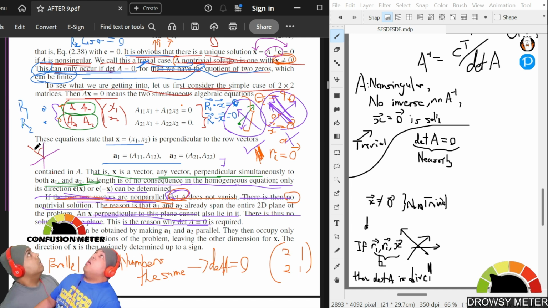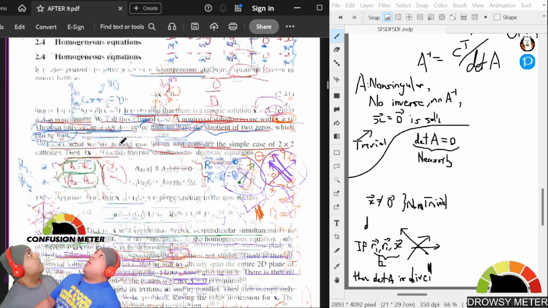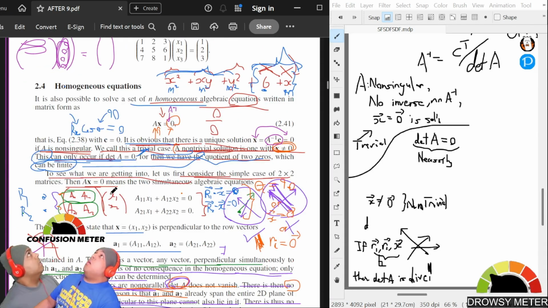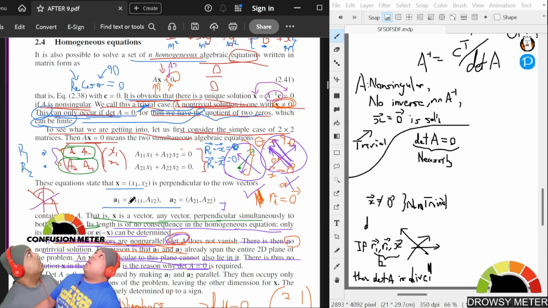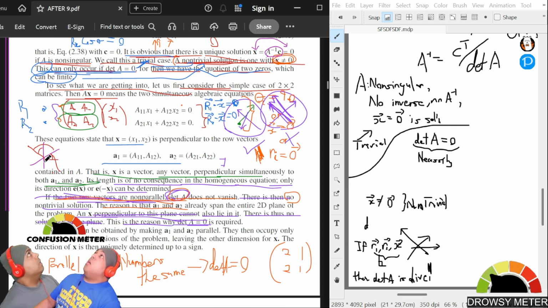If X is perpendicular to this one, it's no longer perpendicular to that one. Since it's a 2 by 2 matrix, we're only in 2 dimensions, so they're hogging everywhere. There's thus no solution X in the plane. This is the reason why determinant A equals 0 is required.